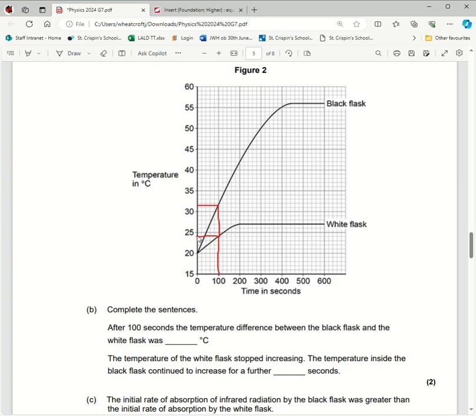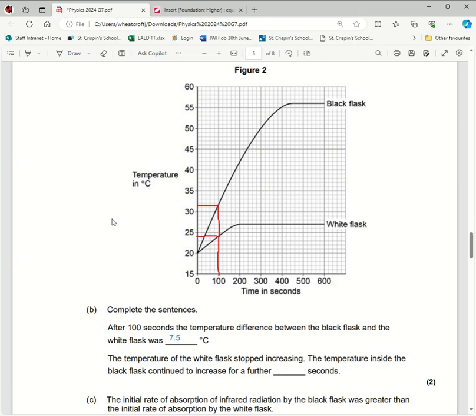If the other one was at 24, the difference between those two would be 7.5. Now they will allow an answer of 8, but I think it is worth being as exact as possible, and if we look at that one, we can see that it isn't at 32, it's really at 31.5.